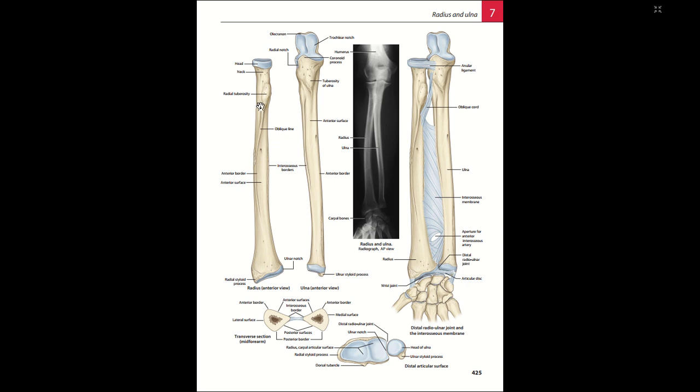Take note of this. Below the neck, medially, you're going to have what you call the bicipital tuberosity or the radial tuberosity. This is an important point for the insertion of the biceps brachii.